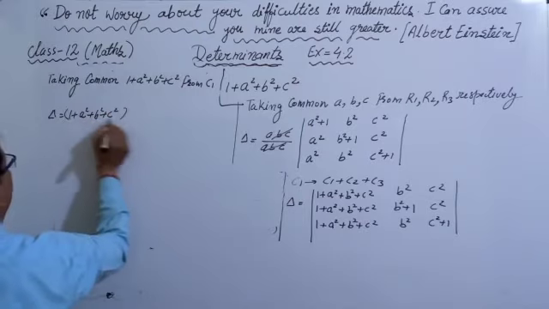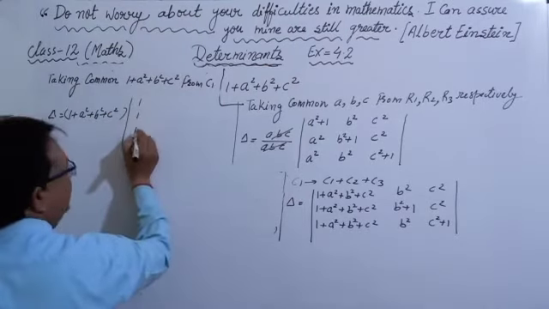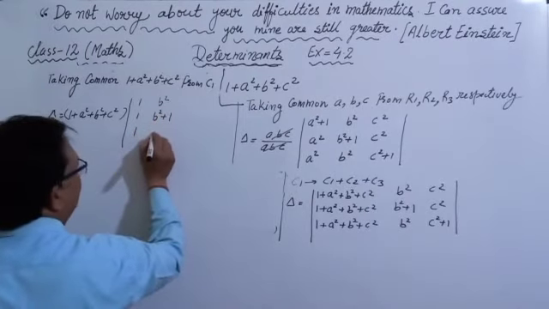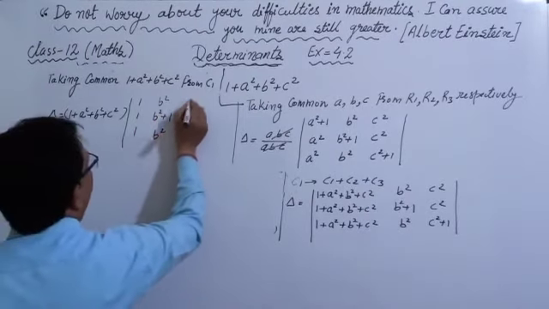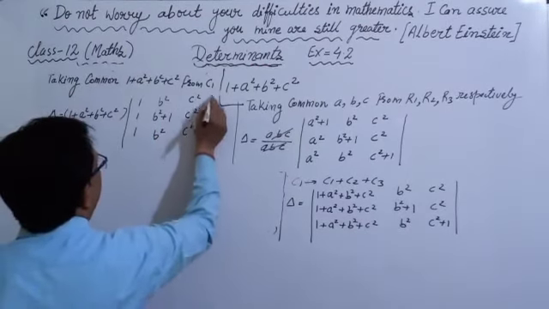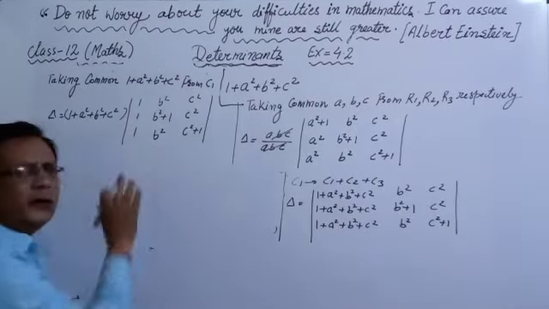This is common, and in the determinant we get 1, 1, 1, b square plus 1, b square, c square, c square, c square plus 1. Now students, we easily get two zeros.